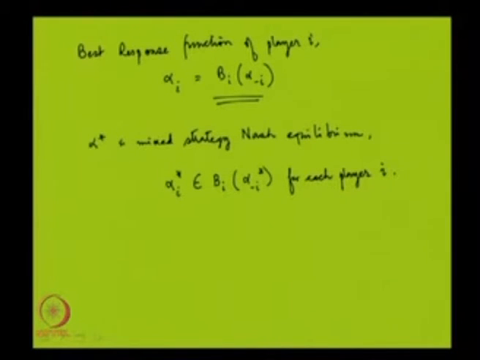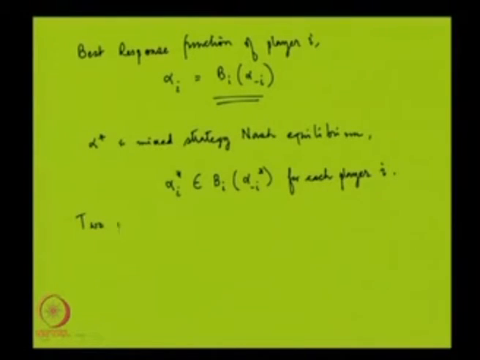For each player I, the mixed strategy which we can get from this alpha star must belong to his best response function, given the other players are playing alpha naught I star. So, this is the basic idea.